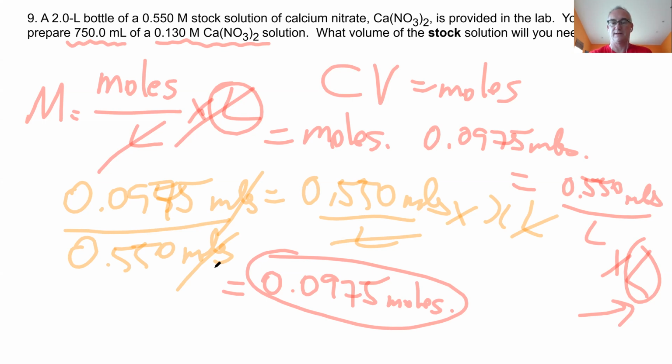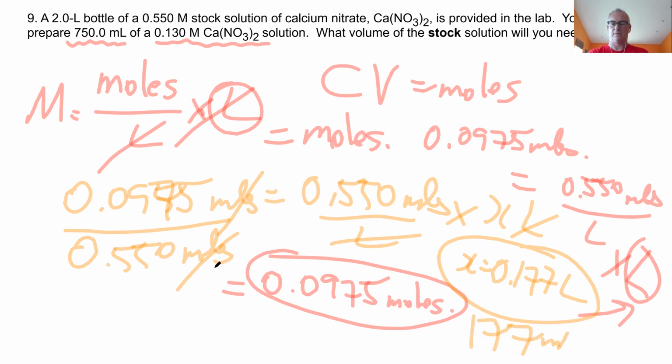So X is equal to 0.177 liters, right? Because it's a volume we were looking for. So 0.177 liters. Or how many milliliters would that be? 177. 177 mLs.